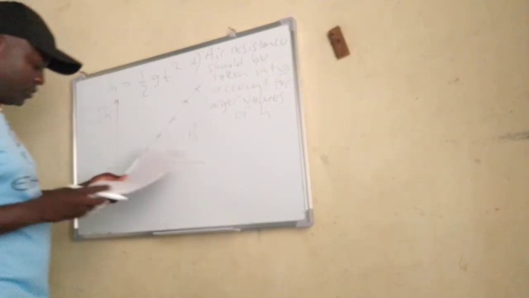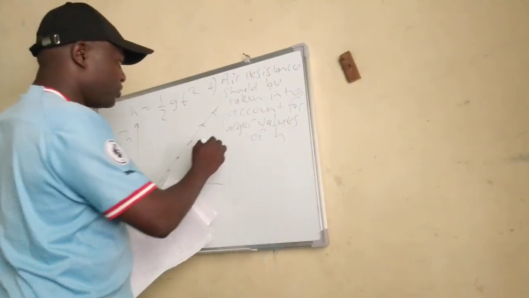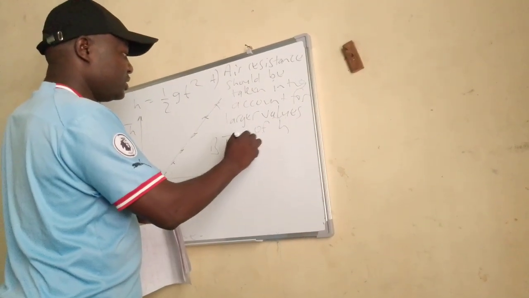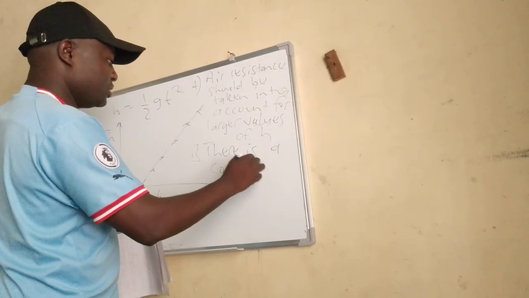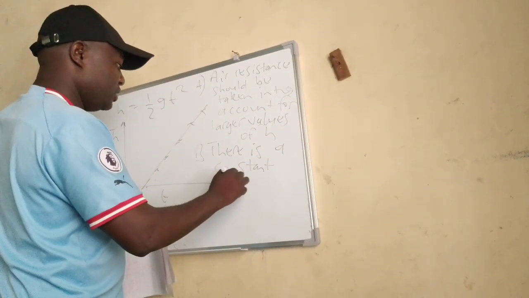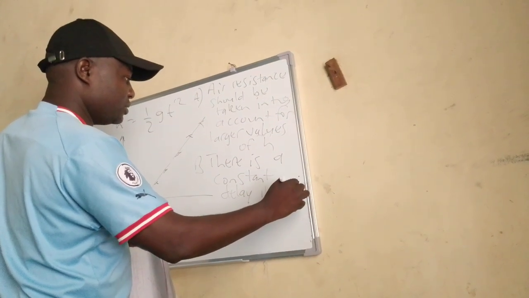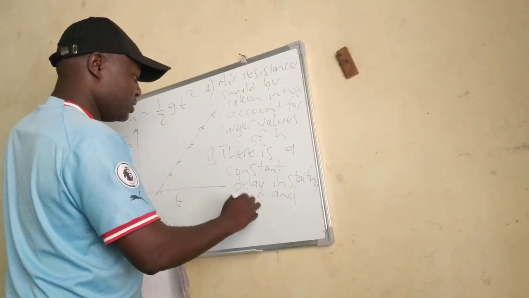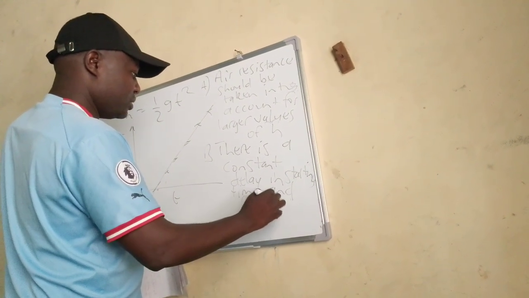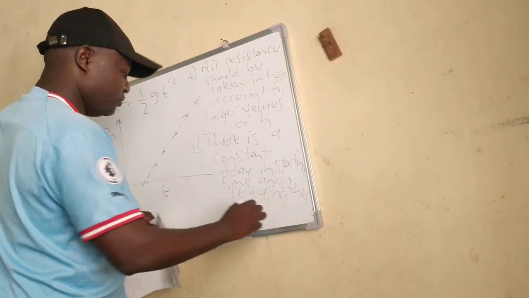B, there is a constant delay between starting the timer and releasing the ball. That is option B.